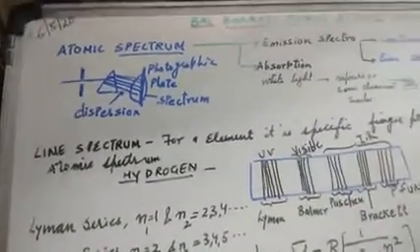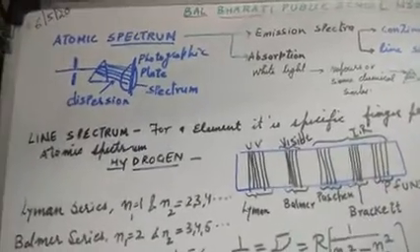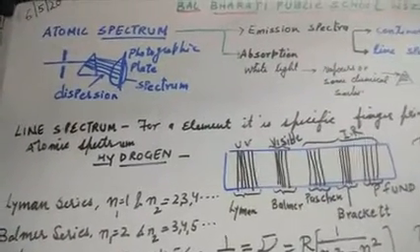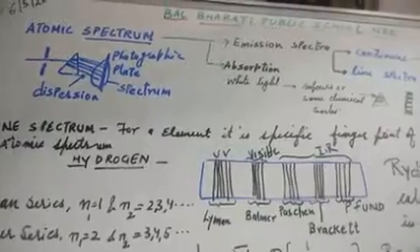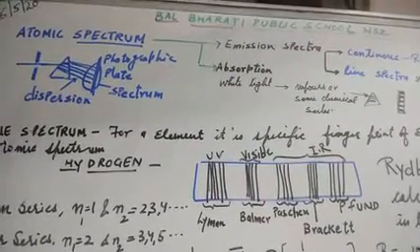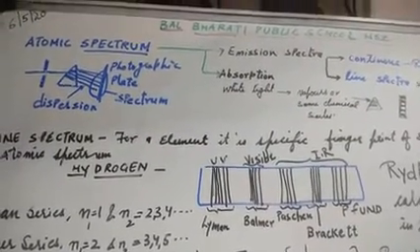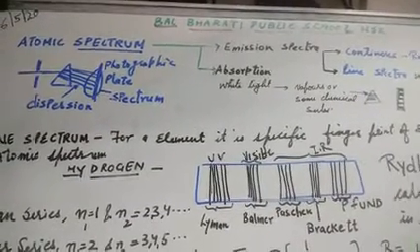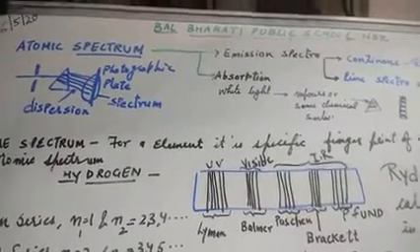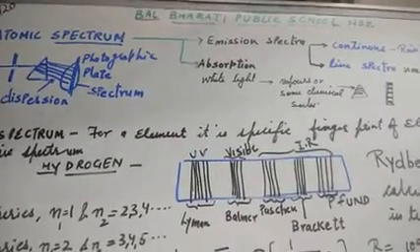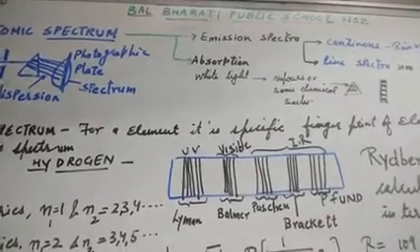So when he heated hydrogen gas by providing an electric spark at lower pressure, with high voltage current, it started igniting. And when those radiations were taken on a prism, different bright lines associated with different wavelengths were observed.